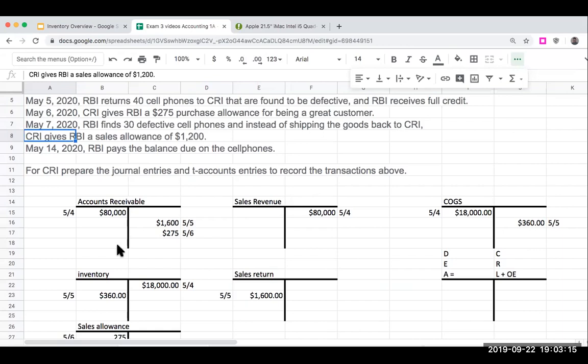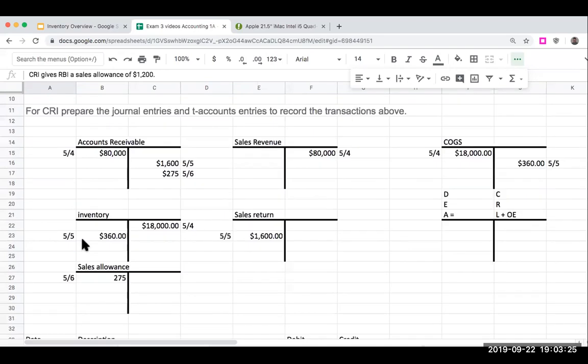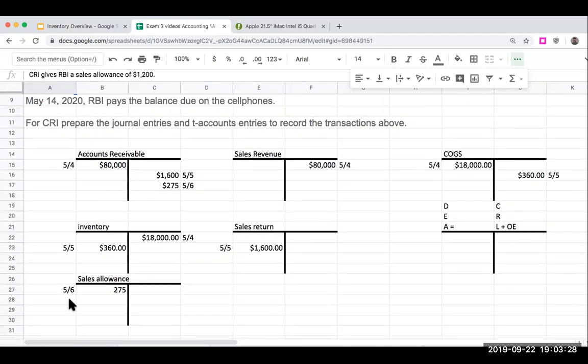So if I can make a deal with a customer, that's going to be all the better. So I'm giving them a sales allowance of $1,200, and we're just going to record that the exact same way over here on May 7th.